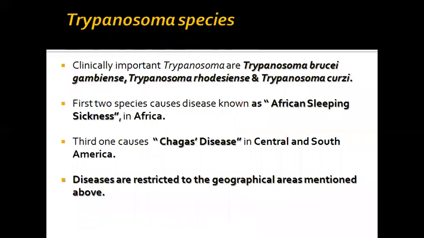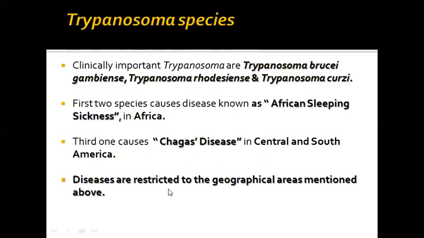Coming to the important species of Trypanosoma. The clinically important species of Trypanosoma are Trypanosoma brucei and Trypanosoma cruzi. Trypanosoma brucei has subspecies. So we have Trypanosoma brucei subspecies gambiense and Trypanosoma brucei subspecies rhodesiense. Trypanosoma brucei causes African sleeping sickness, and Trypanosoma cruzi causes a disease called Chagas disease in Central and South America.